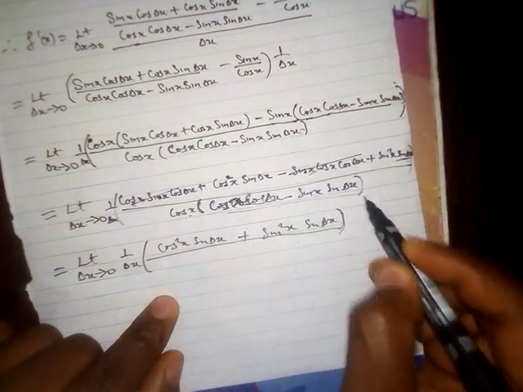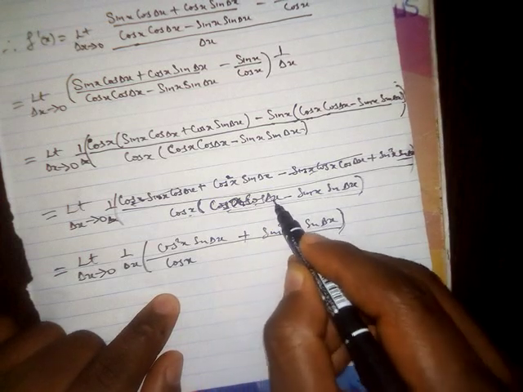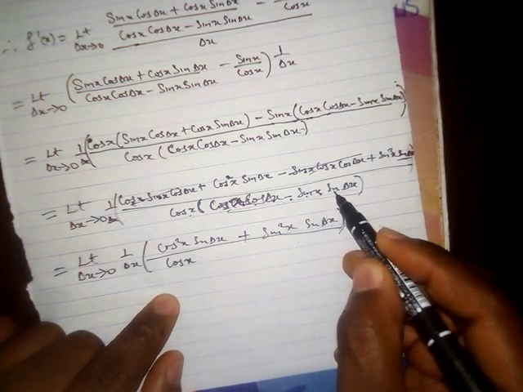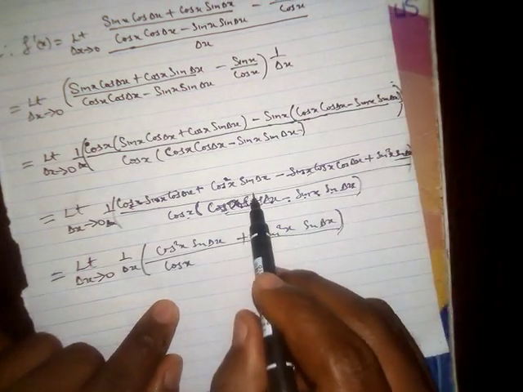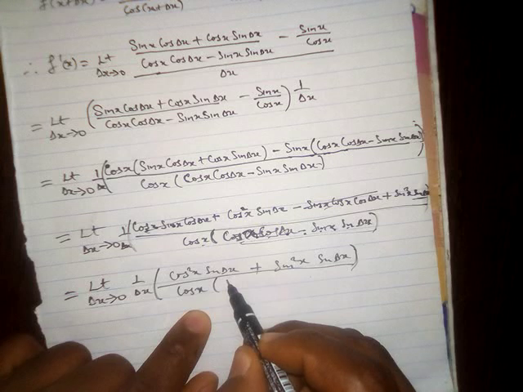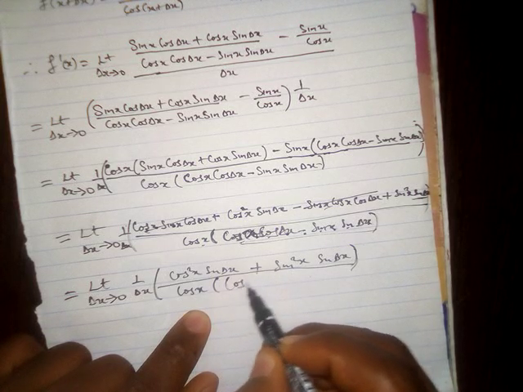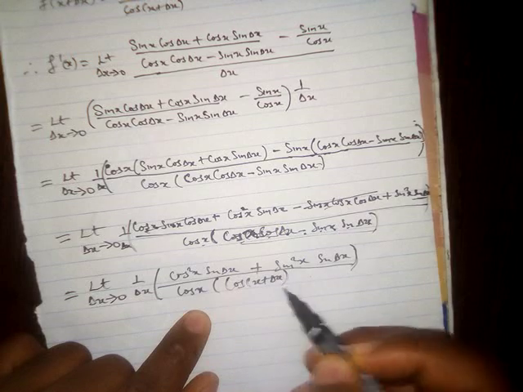We can still change this back, so this becomes cos x. Now this is your cos x cos change in x minus sine x sine change in x. We still remember that this is just the same thing as cos x plus change in x. We can still change it back. So this will be multiplied by cos x plus change in x.